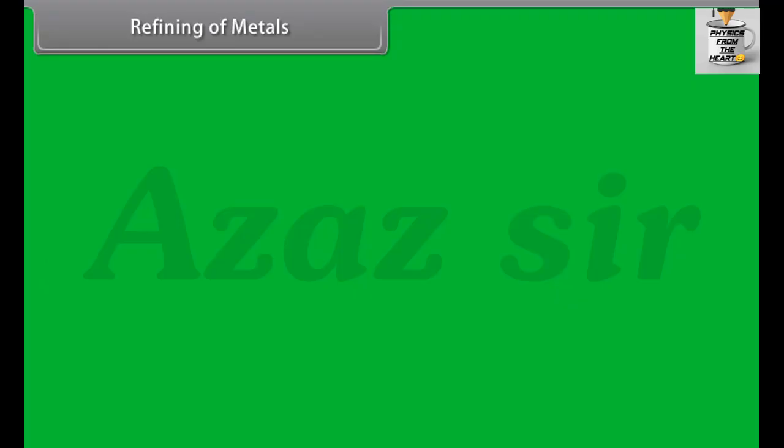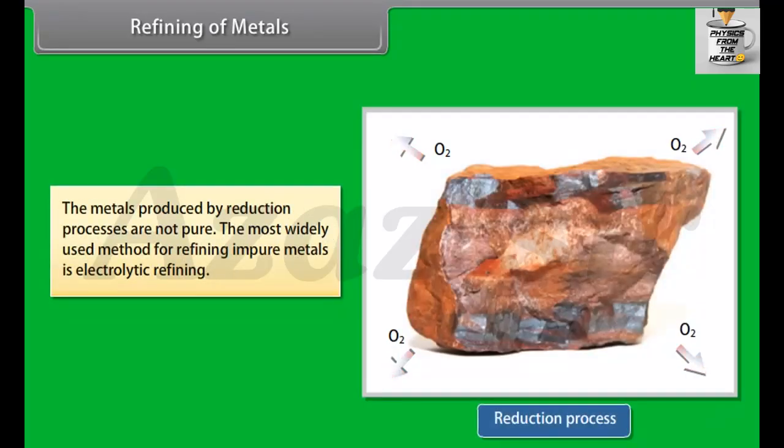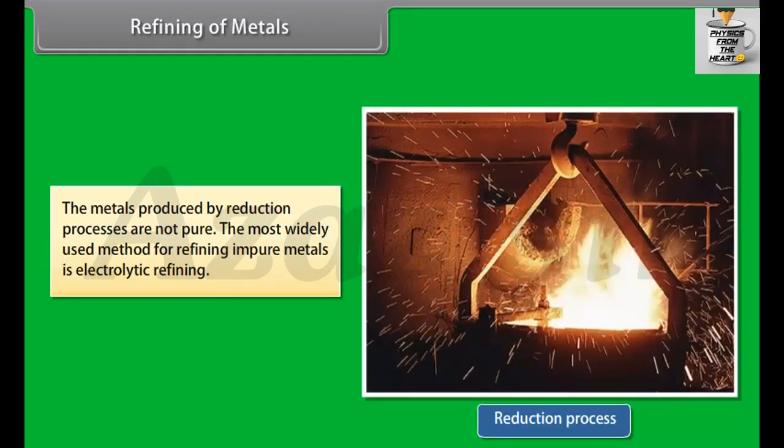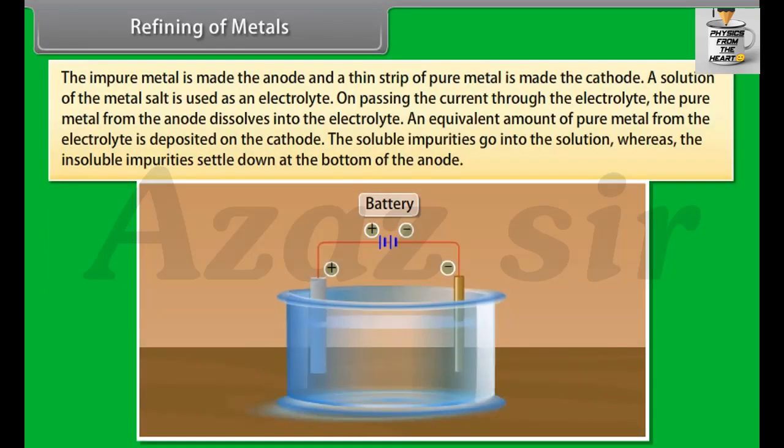Refining of metals. The metals produced by reduction processes are not pure. They still contain impurities, which must be removed to obtain pure metals. The most widely used method for refining impure metals is electrolytic refining. Many metals are refined electrolytically. The impure metal is made the anode, and a thin strip of pure metal is made the cathode.